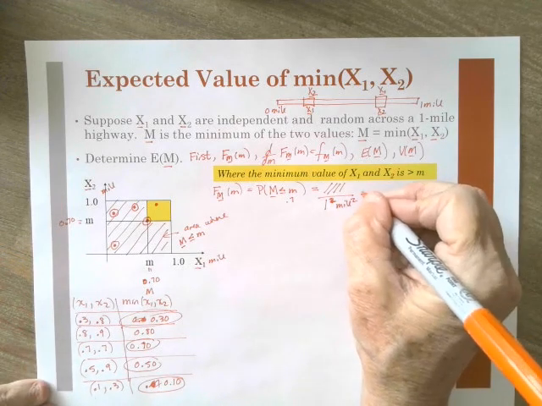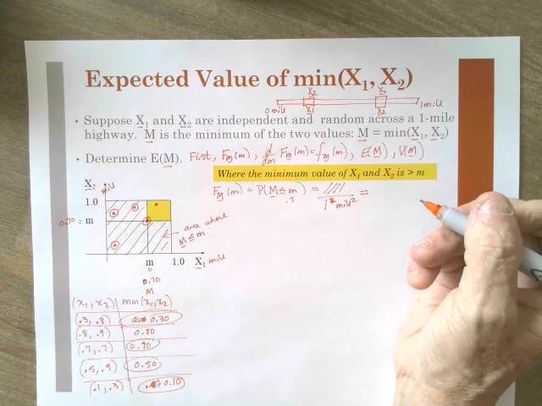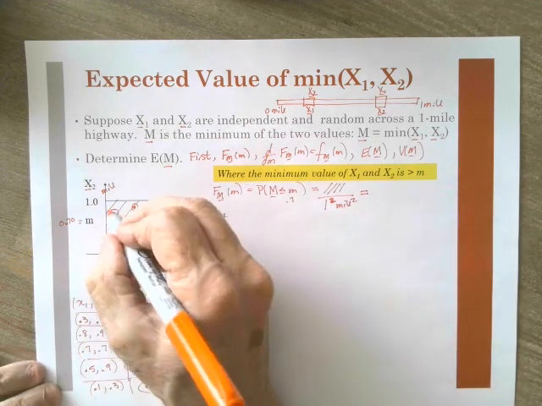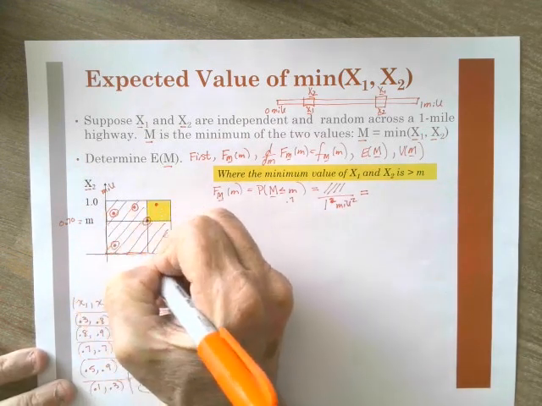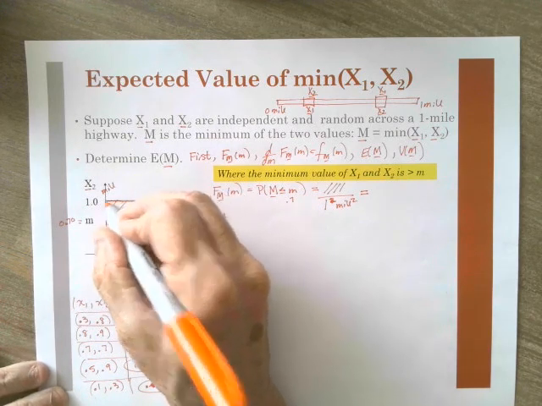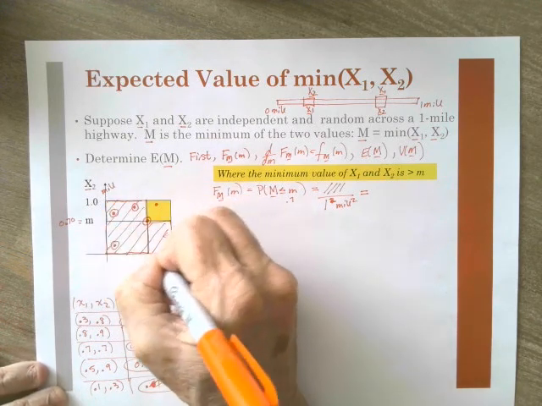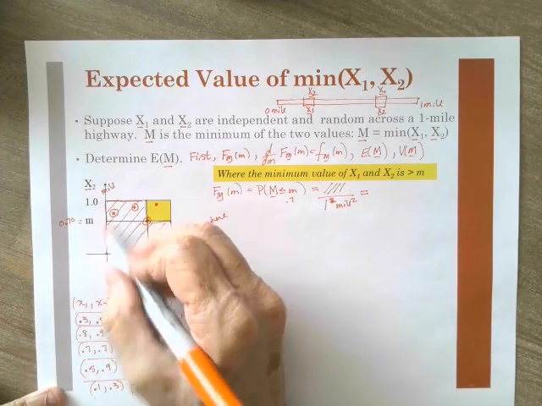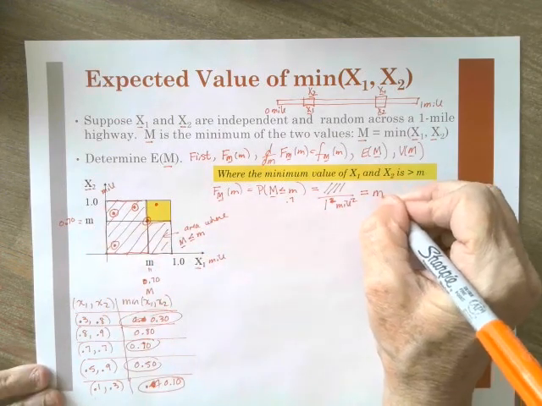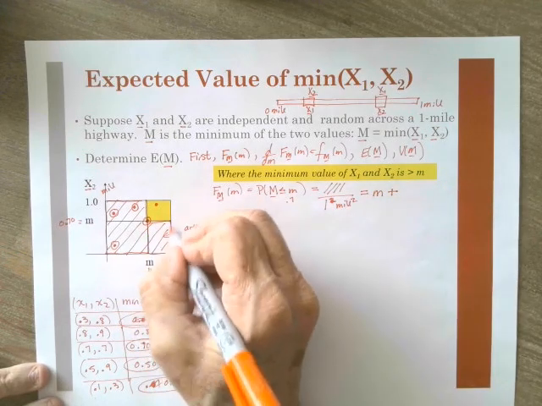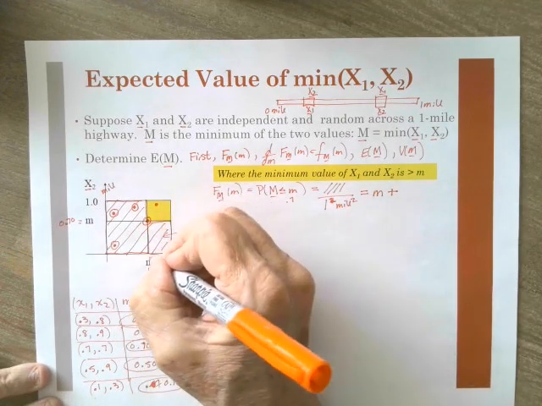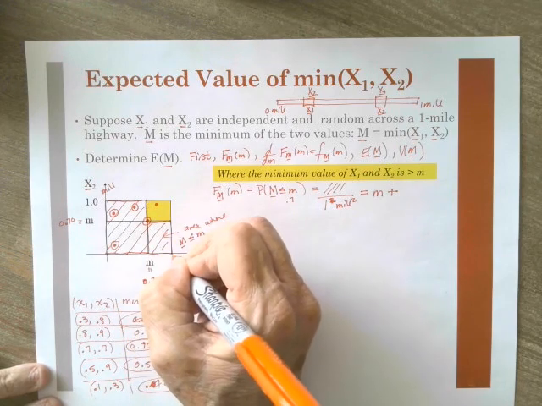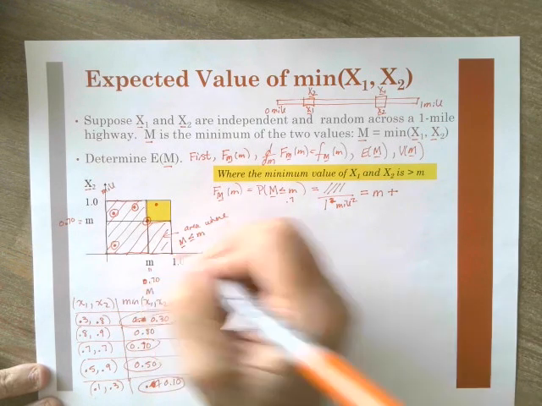So what is this orange area? There's a couple ways I could do it, right? Let's just go ahead and do it by looking at 2 different rectangles here. So I'm going to add that rectangle and this rectangle. The area of this rectangle is 1 by m, so that's m, plus this rectangle here, it is at a height of m, and its width is going to be 1 minus m.